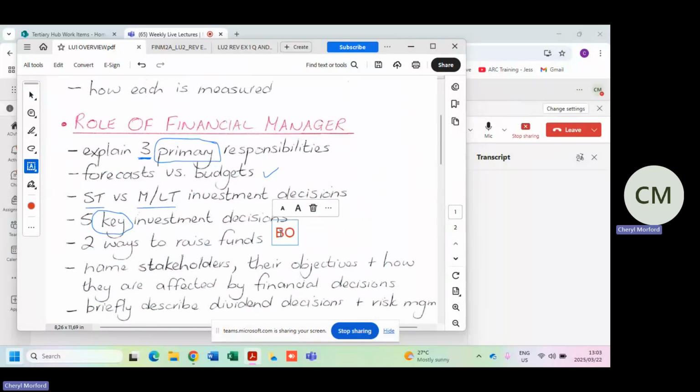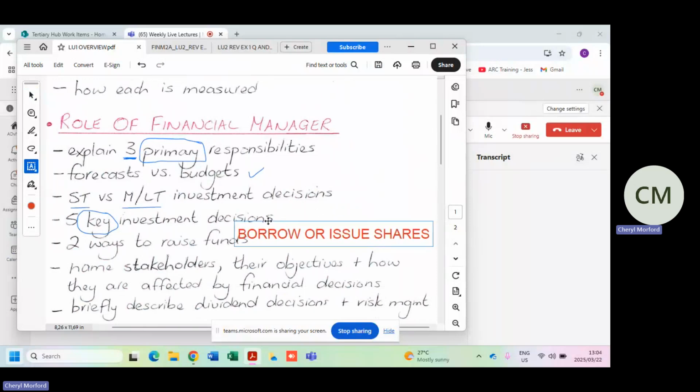You can borrow from financial institutions, in which case you have debt, or otherwise you can issue shares, in which case you are going to have equity. Let me just move that so it fits on the screen.